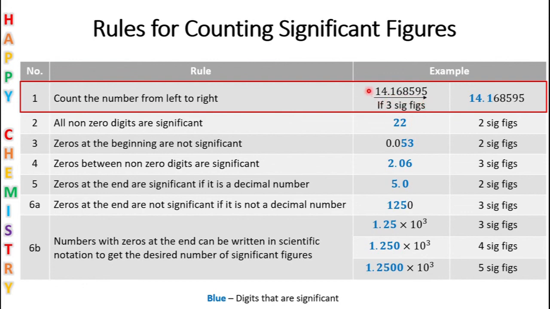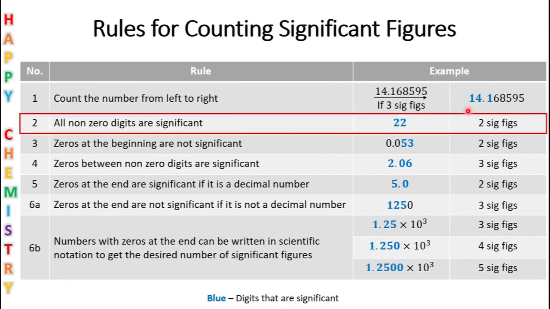Then start counting from left. 1, 2, 3. Therefore, only 14.1 is significant, and the rest of the numbers are not significant. However, in this case, 14.1 will not be the final answer. We will talk about that kind of examples in my next slide.